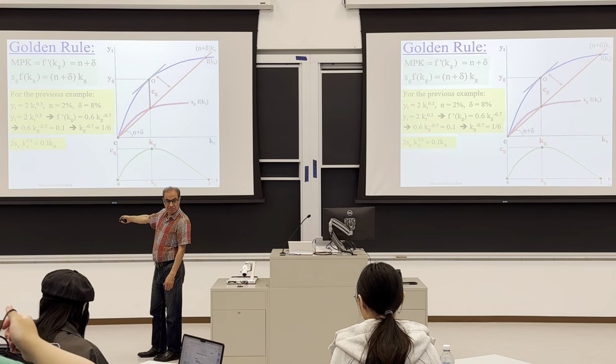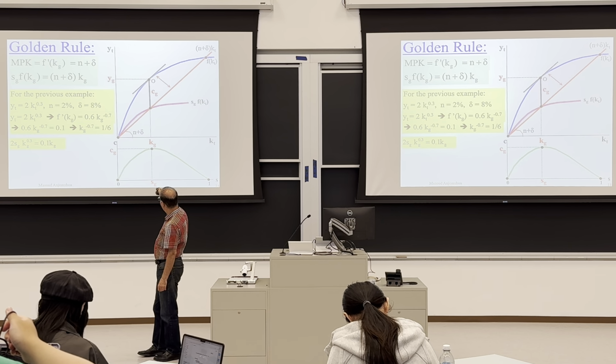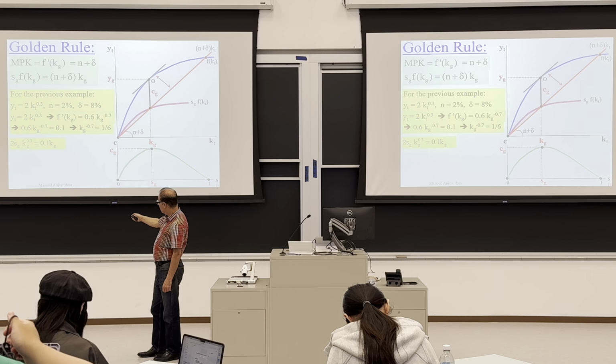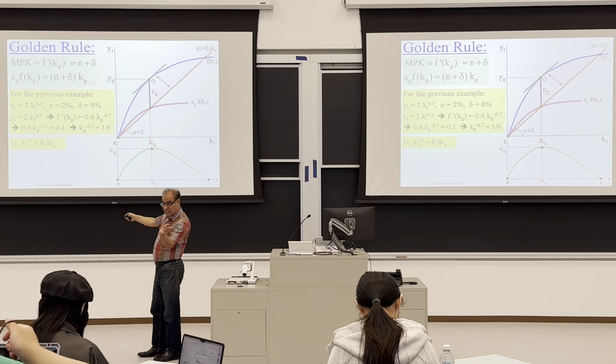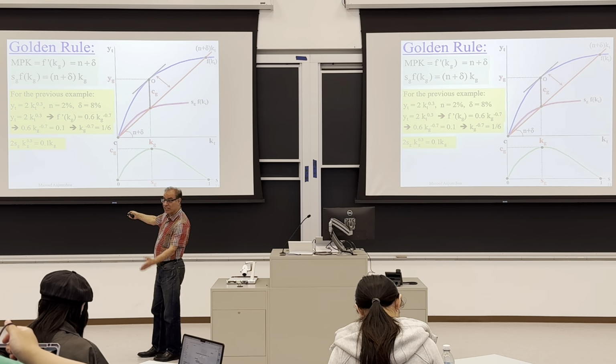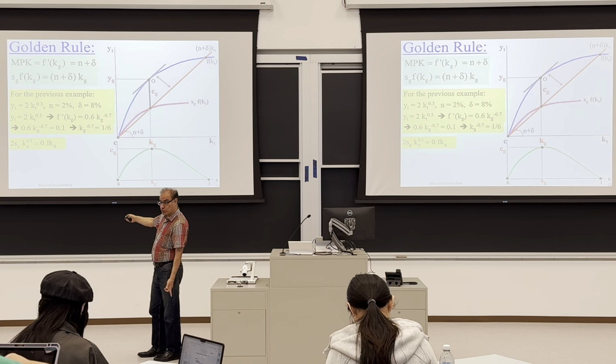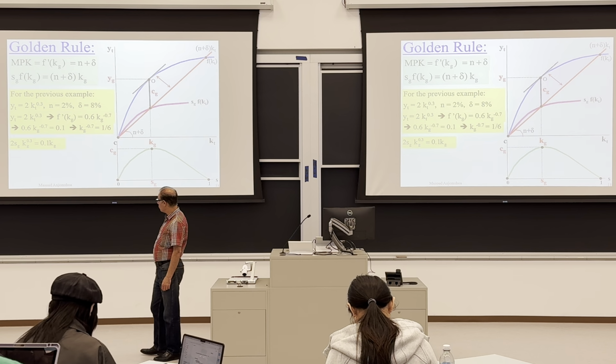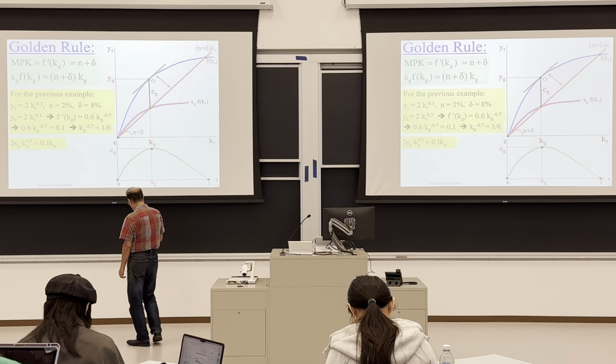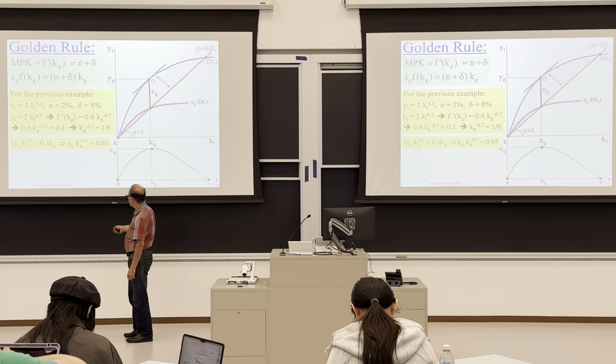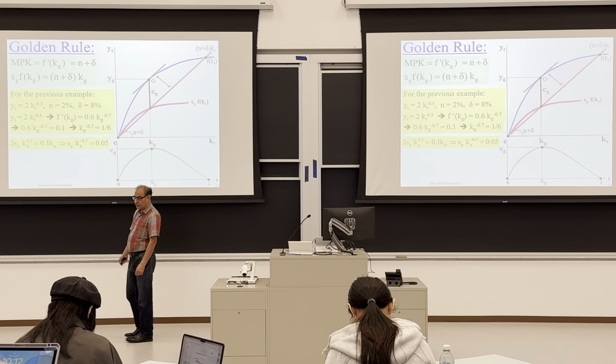Steady state equilibrium. Point O is, after all, the steady state equilibrium. So remember, inflow of capital, S f of k, where S is unknown, SG is supposed to be found. And what is this? Capital outflow. You can simplify it like this.